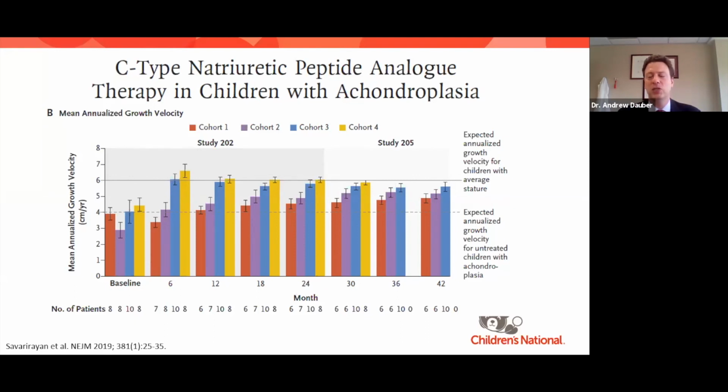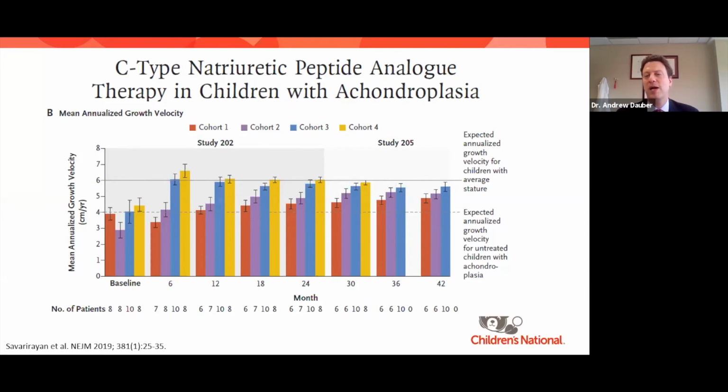So this study was looking at Vosoritide, which is an analog of C-type natriuretic peptide. This was a phase 2 study in patients with achondroplasia. Again, if you'll remember from that pathway, FGFR3 is activated in achondroplasia, and now you're using CNP to inhibit that activation and promote growth.